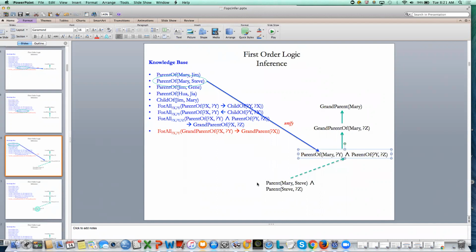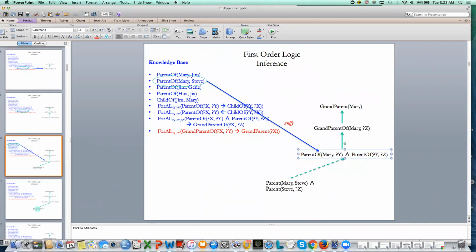And we're still left with a variable. If we could show that parent Steve, somebody, bound or unified with something in the knowledge base, then we would have a proof for the original goal.